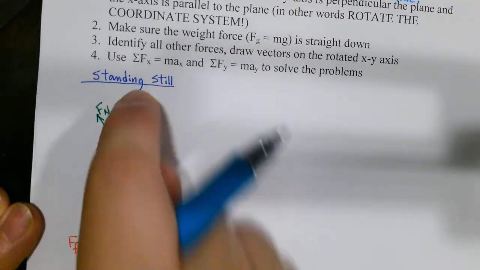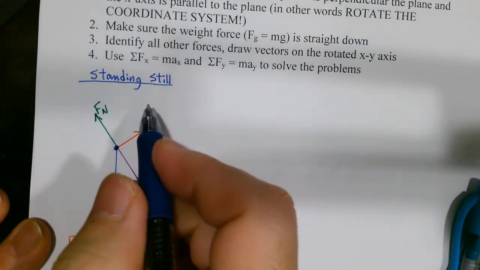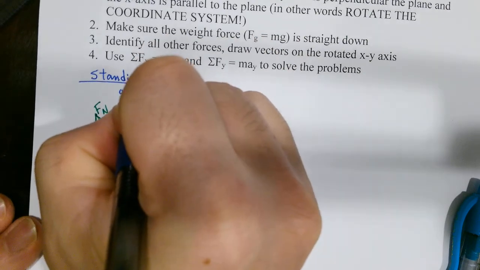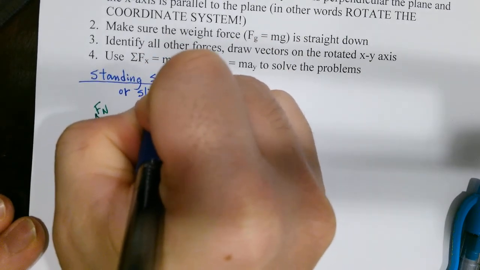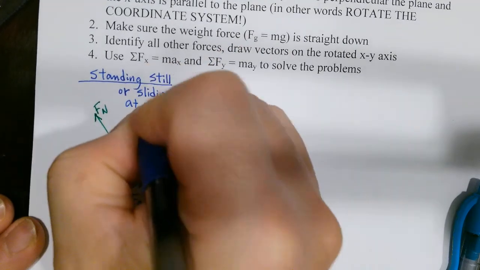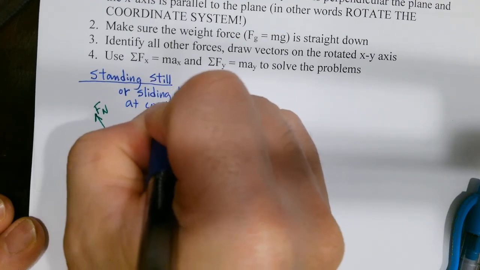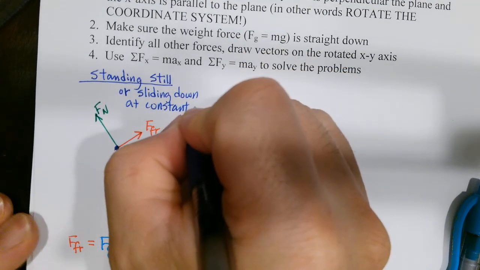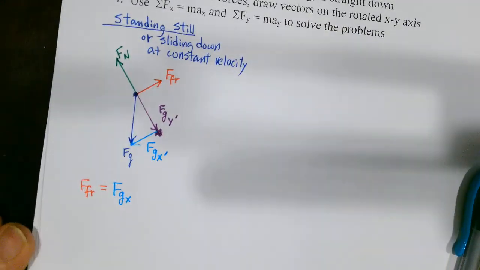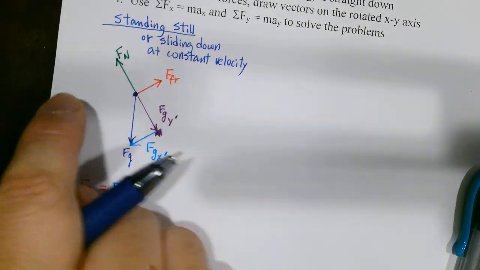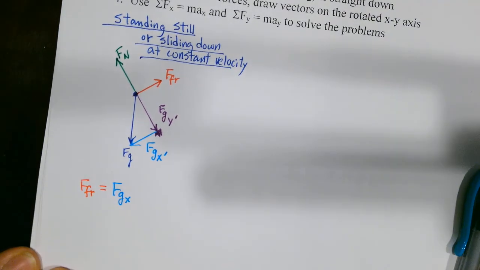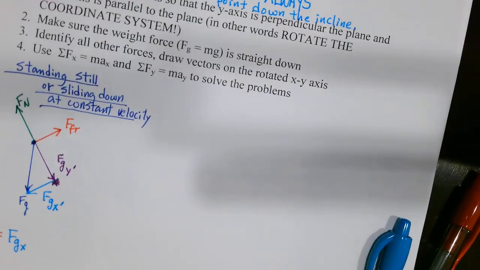In this particular case, it could also work for sliding down at constant velocity. So this can work for standing still or sliding down at constant velocity. Okay?